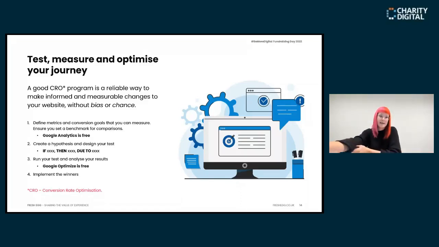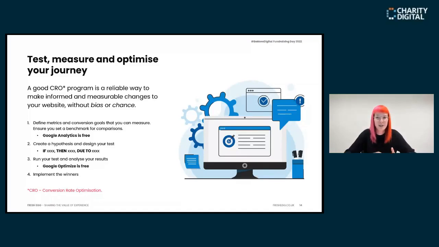Second on the list, design your test around a hypothesis. Quite a few people miss this one out. A hypothesis is a prediction of what you think the outcome will be. This way you learn the reason why changing something on your site really does lead to that improvement. These are typically structured as: if something is changed, then an effect will happen due to a reason.